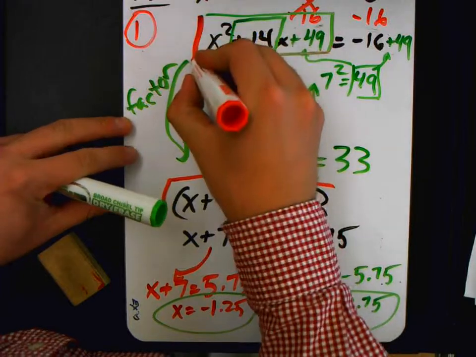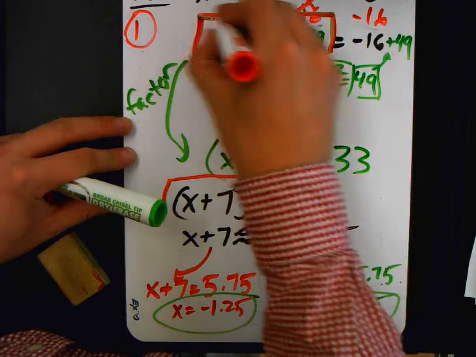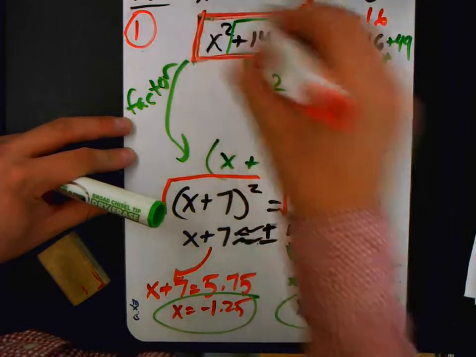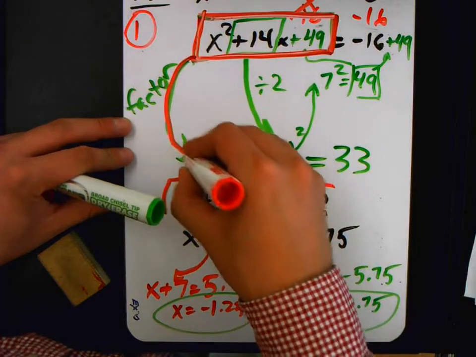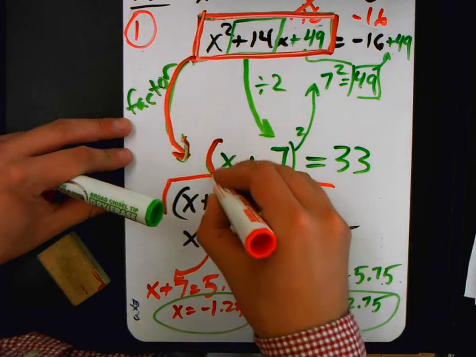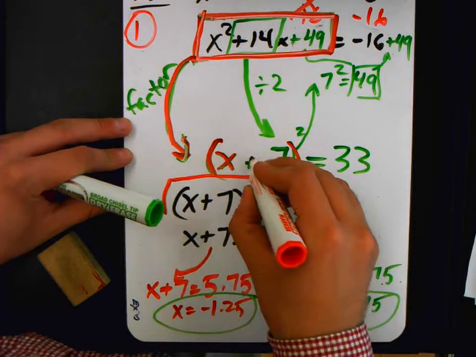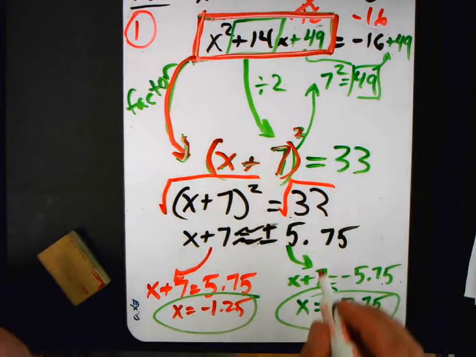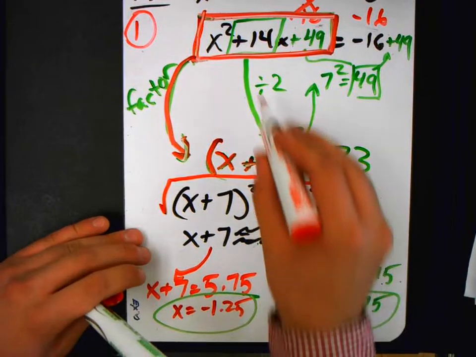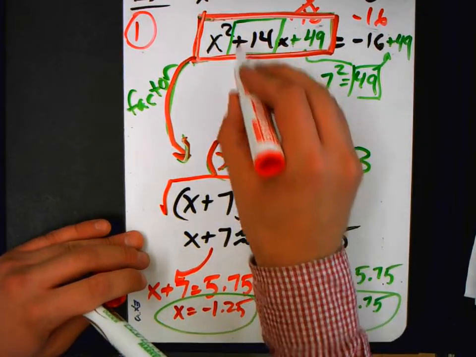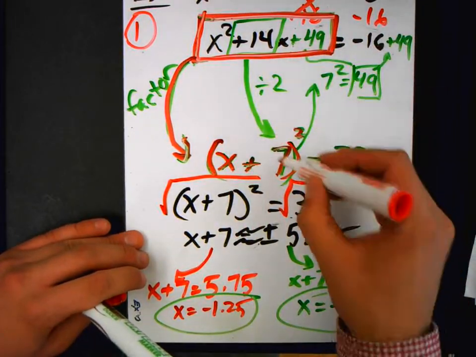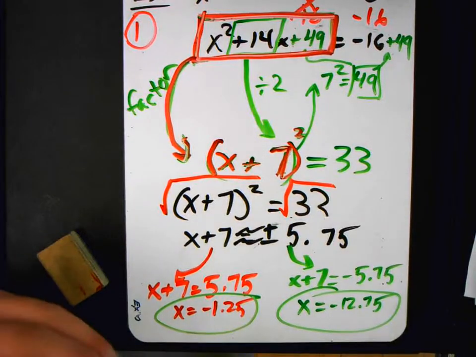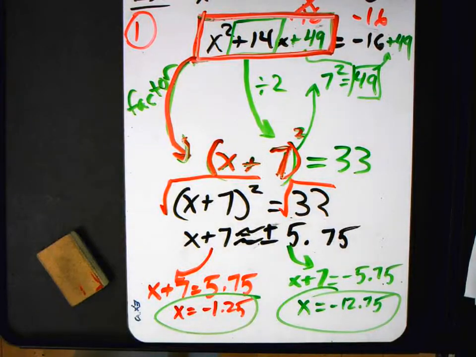When factoring this expression right here in red, this gives you x plus 7 squared. This is factoring. Now you don't need to do that. You can just bring down the plus from up here, and you can bring down that 7 when you divide it by 2. That is that number exactly.